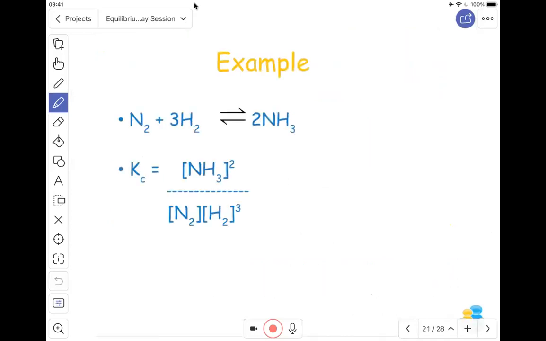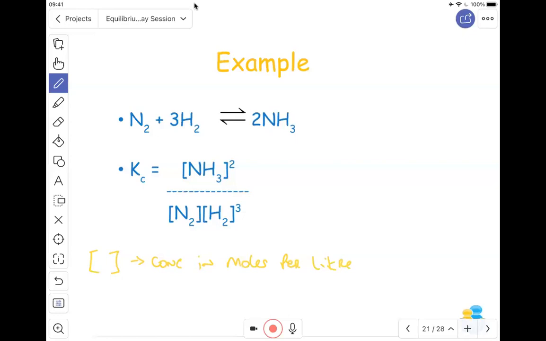So here is an example of an equilibrium reaction, and I've written out the Kc formula for you underneath to help you identify each of the parts. As we've said already, the square brackets indicate the concentration in moles per litre.